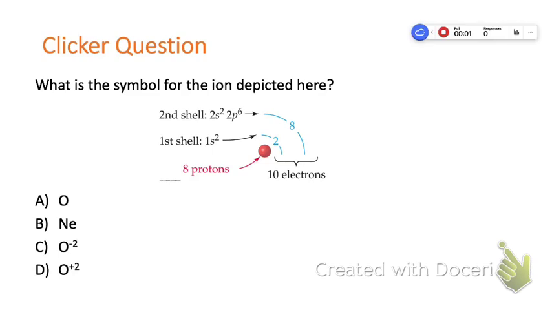There you go. So with this representation, what is the element or ion depicted here? This is a multiple choice clicker question. And I want to hear the justification for why.